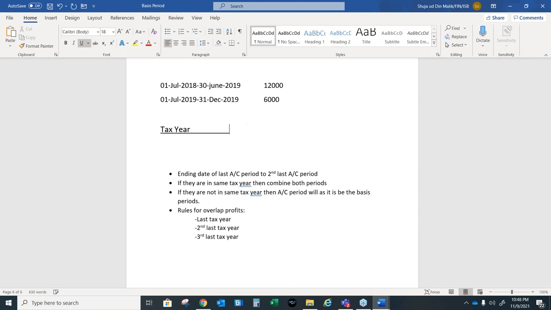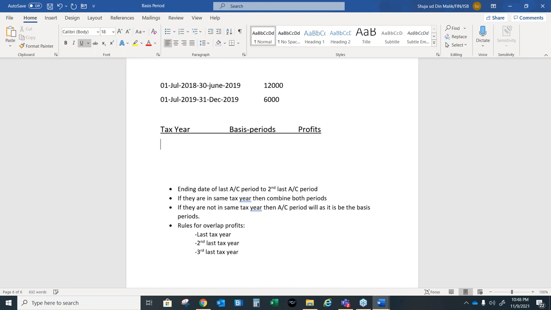Yes, different tax year has been sorted out. Now we are going to look at what is the tax year. Now they both are falling within the same tax year.